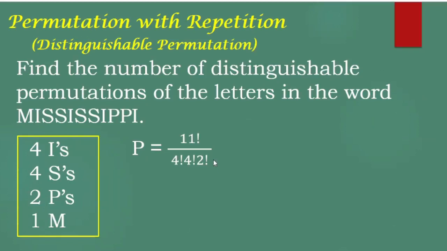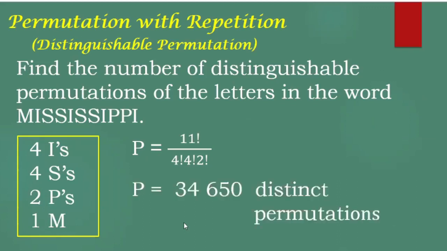Sir, is it possible that we simplify that to 11 factorial all over 10 factorial? We cannot do that, class. All you have to do is to perform this permutation individually. You cannot add 4 plus 4 plus 2 to get 10 factorial. No, definitely, that is not allowed.